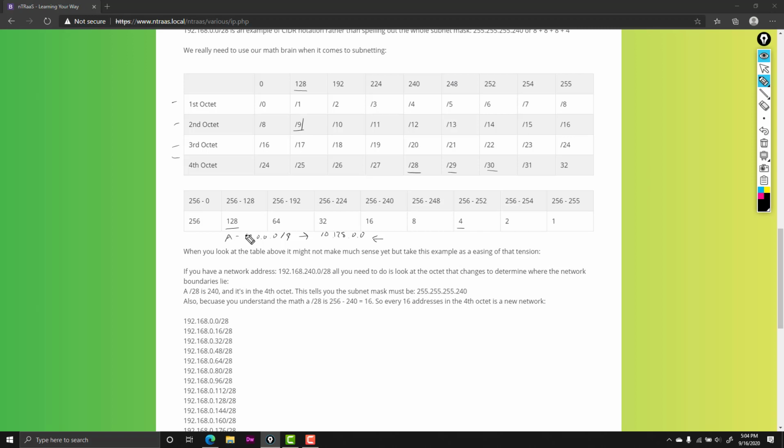I know that was super simplified, but I wanted to make it easy and give you a good understanding: where the last bit lands is the octet that changes based on our subtraction. Every 32, every 16, every 8, 4, 2, 1, 64, 128.